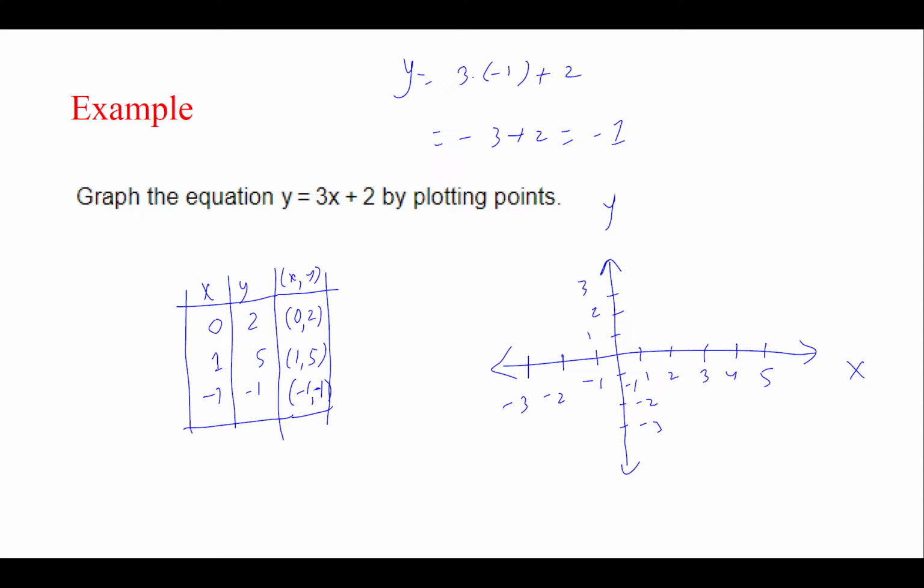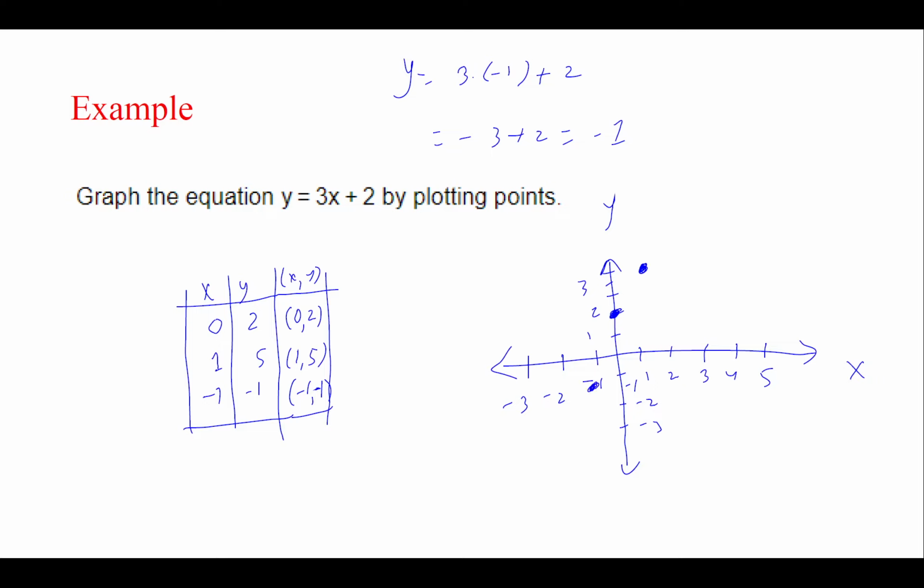And now you have to plot those points. (0, 2): 0 for the x, 2 for the y. So that's the first point. (1, 5): 1 for the x, 5 for the y, 3, 4, 5, let's say here. (-1, -1): -1 for the x, -1 for the y. So this is your negative x, negative y.